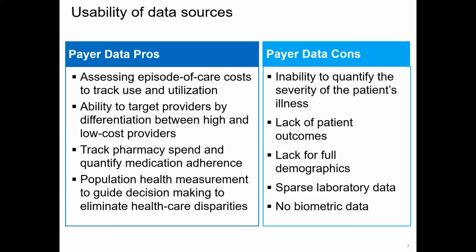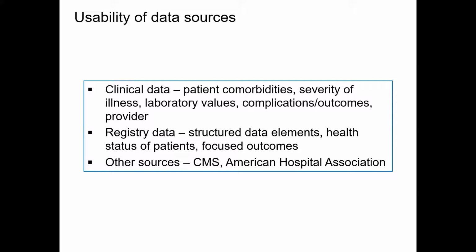The cons of payer data, though, are that you cannot adequately identify the severity of a patient's illness. There are no patient outcomes, a lack of full demographic data, sparse laboratory data, and no biometric data available. I think the audience is all very familiar with the other data sources that would be needed in multi-center modeling, such as the clinical data, which has your patient comorbidities, your severity of illness, the laboratory data, complications, outcomes, and the provider providing the care.